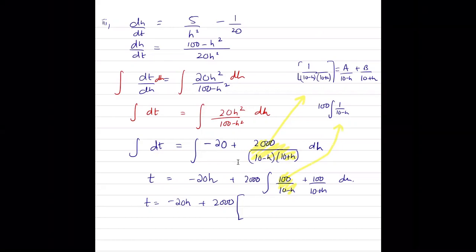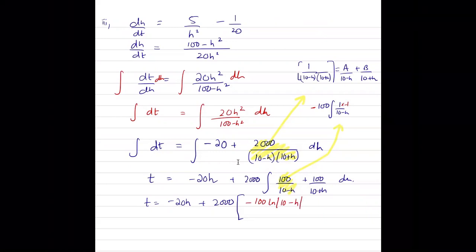So if you want minus 1 over here, you're going to have minus outside as well. So integration of 100 upon 10 minus h is going to be minus 100 ln 10 minus h, right?